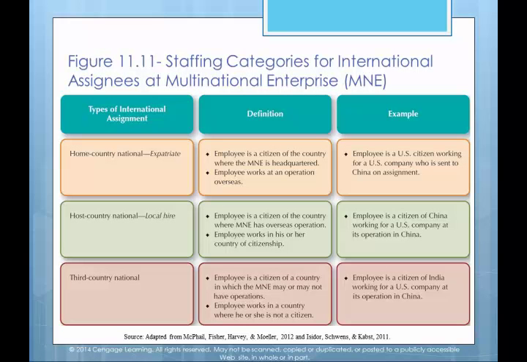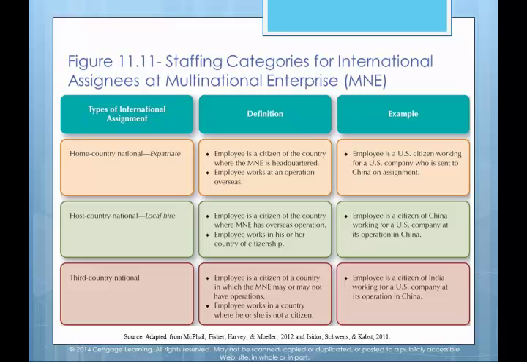Now, this is a great chart as it relates to multinational enterprises, globally, companies that do work globally. And on the left is the type of international assignments. An expatriate is an employee, and here's an example.